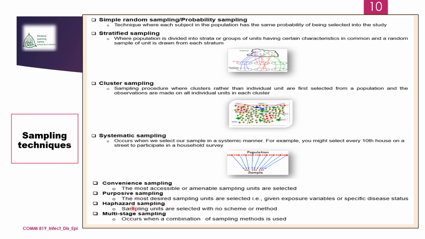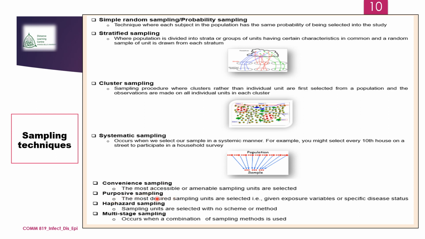Purposive sampling, the most desired sampling units are selected based on your own choice, given exposure variables or specific disease status. Maybe you just sample based on your own desire.